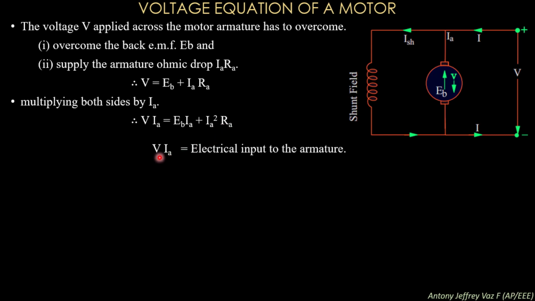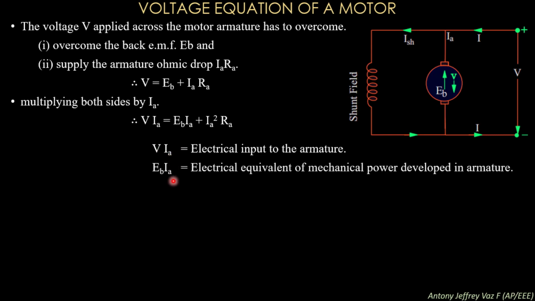Here you can see VIa is the electrical input power to the armature. So the power applied to the motor in terms of electrical quantity is represented as VIa, whereas EBIa is the electrical equivalent of the mechanical power developed in the armature.